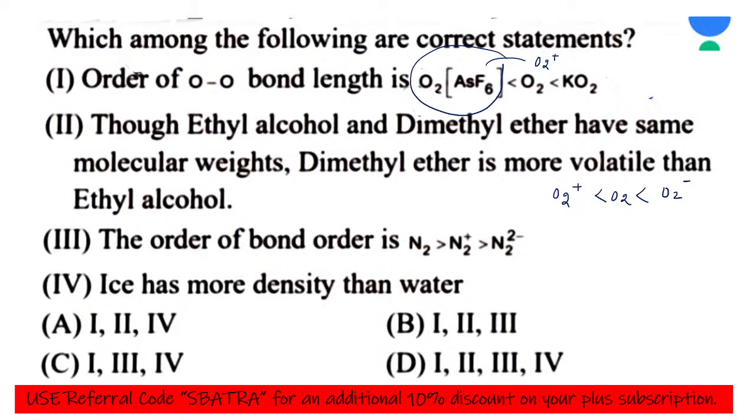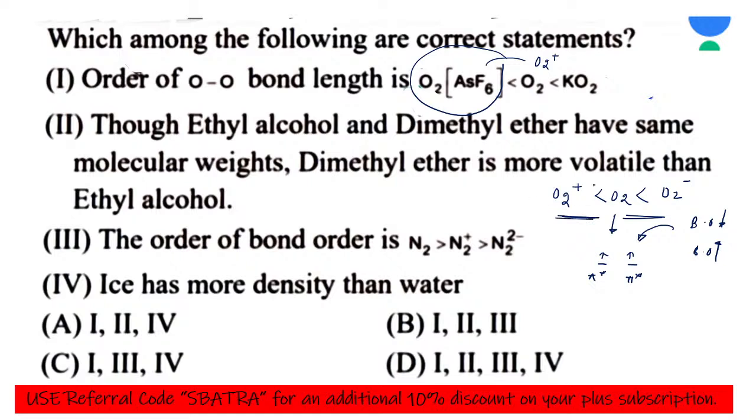The concept is very clear. You have two unpaired electrons in antibonding of oxygen in the molecular orbital diagram. If you are adding one electron in antibonding, the bond order is going to decrease and the bond length is going to increase. So yes, this order is correct. Now let's compare these two species.